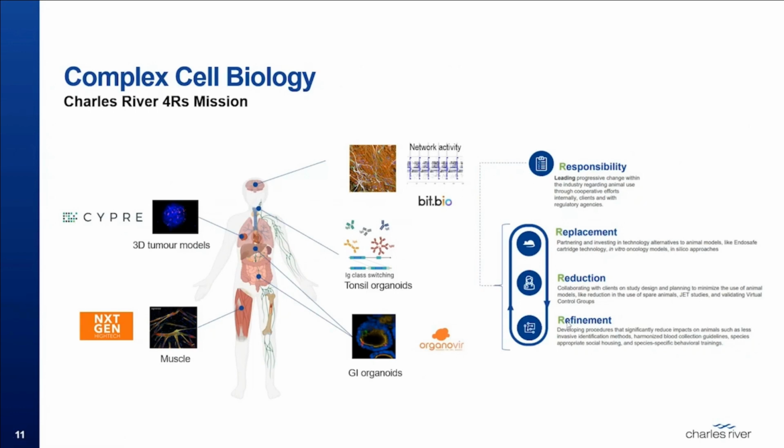And probably you are also an active member of these activities. At CRL, we also add an additional R that stands for responsibility, which is the Charles River 4R mission, because we truly believe that we are responsible to push this initiative forward to reduce the number of animals in research.